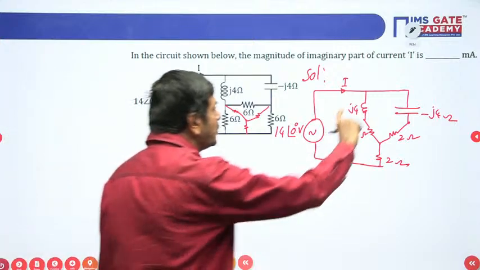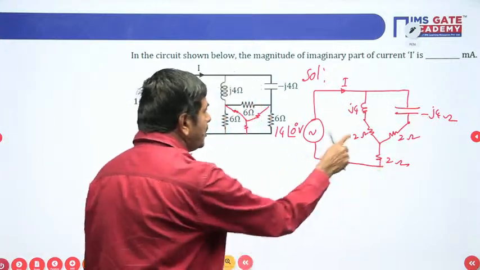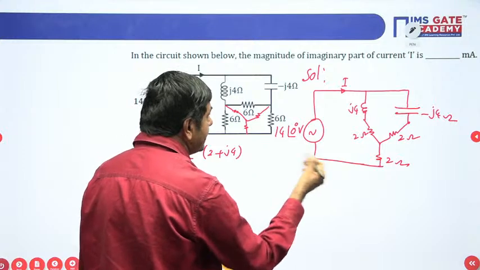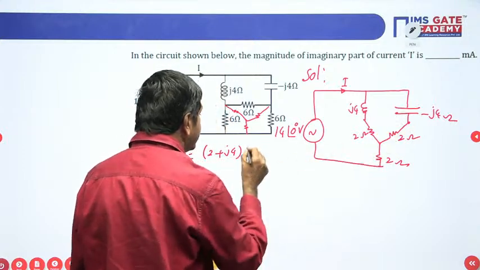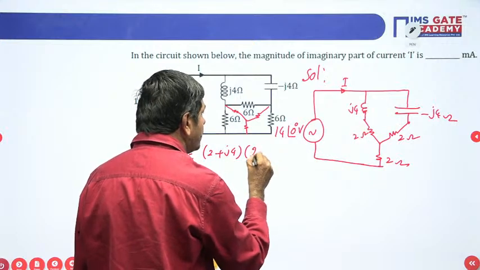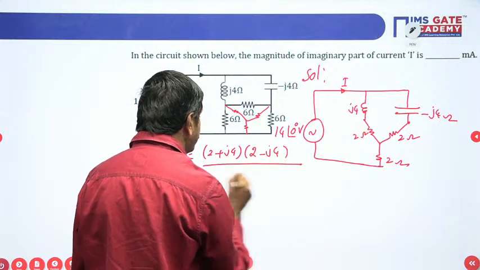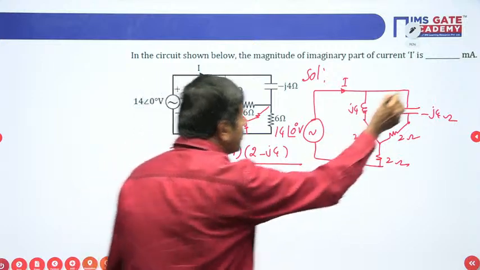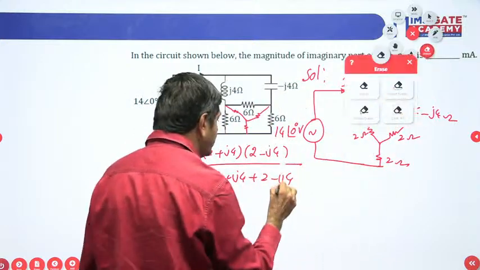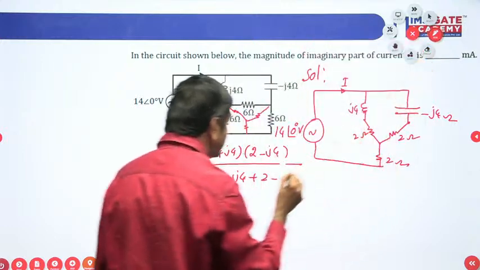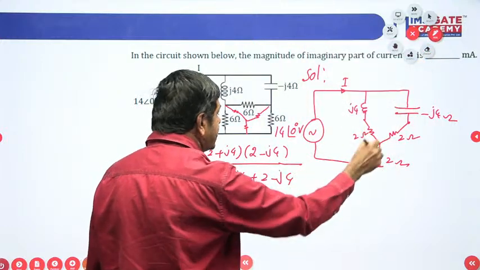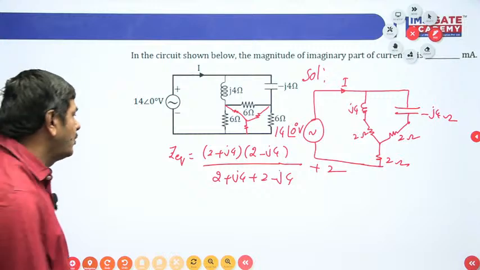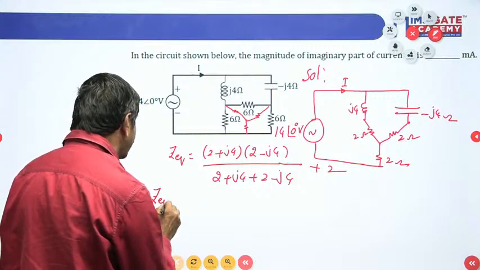These two are in parallel, and in series with the 2 ohm. 2 plus J4 is in parallel with this impedance, 2 minus J4. So it is 2 plus J4 times 2 minus J4 divided by 2 plus J4 plus 2 minus J4. And this total impedance is in series with the 2 ohms.